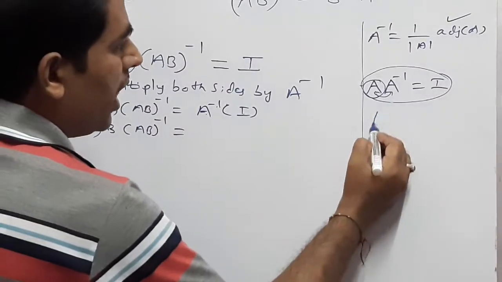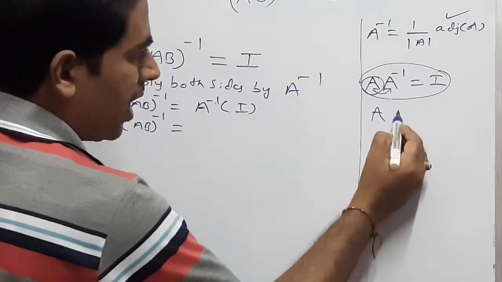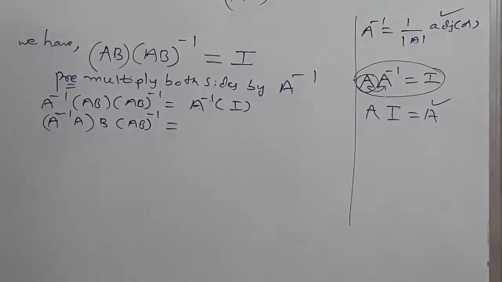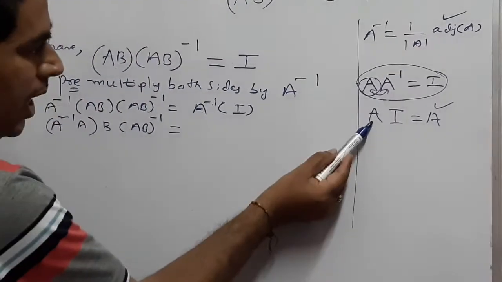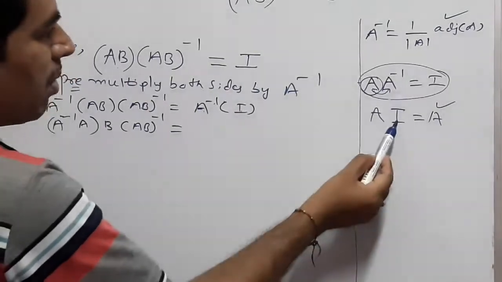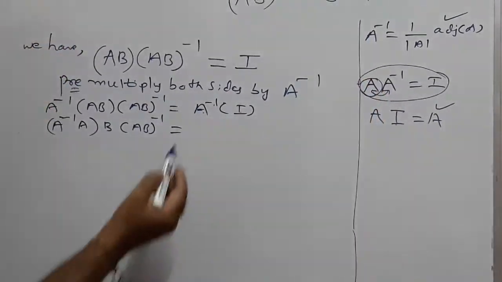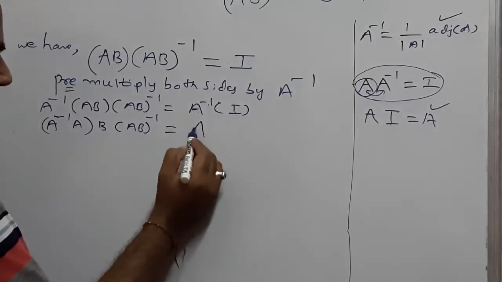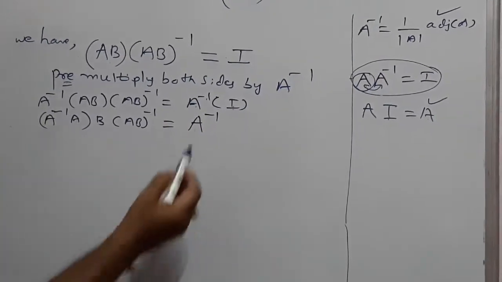We know that any matrix multiplied by the identity matrix gives back that matrix only. This is a basic point we learned in matrices. So A inverse multiplied by the identity matrix gives A inverse.